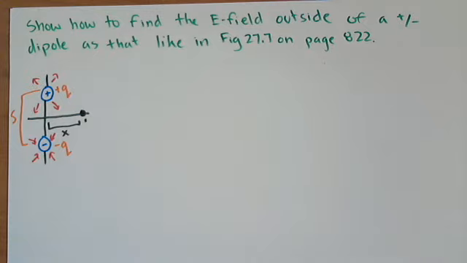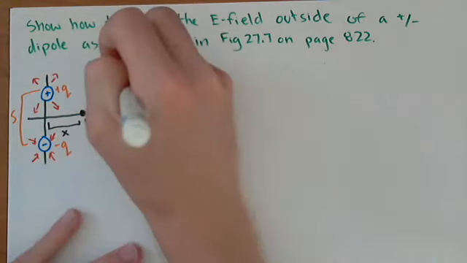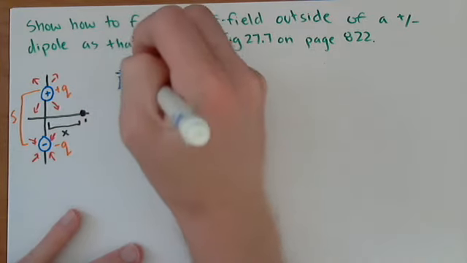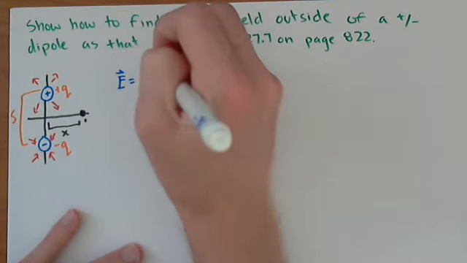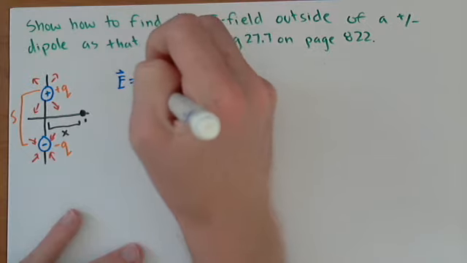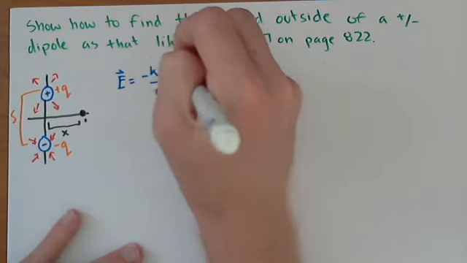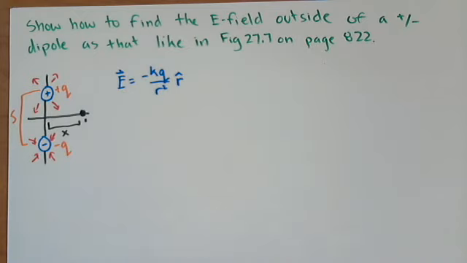We're going to use the equation E equals negative kq over r squared r hat. First, we have to find r squared. We know from triangles that r squared is equal to a squared plus b squared.